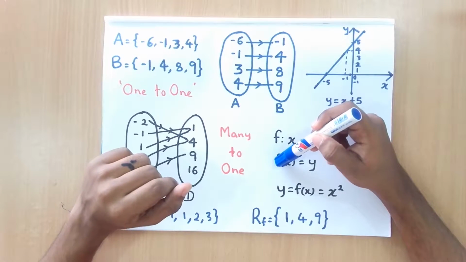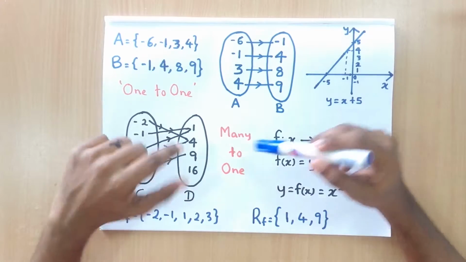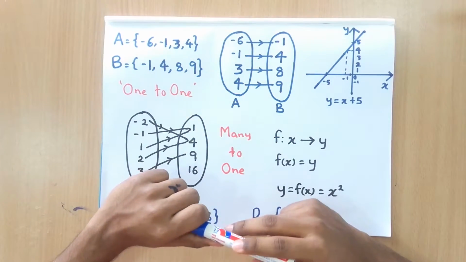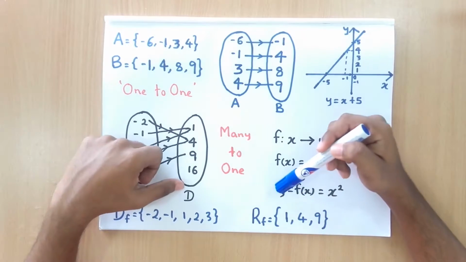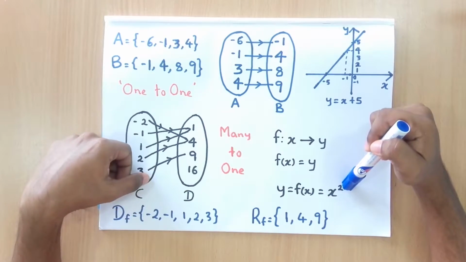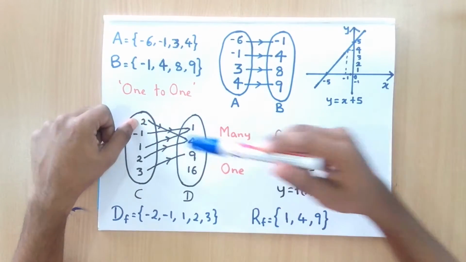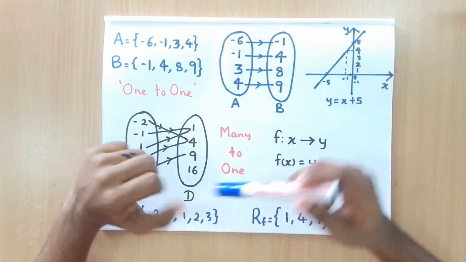This is written as f(x) equals y. So many-to-one and one-to-one relationships are functions. So for the above example, we could say y equals f(x) equals x squared, where x represents the elements in set C and y represents the elements in set D.